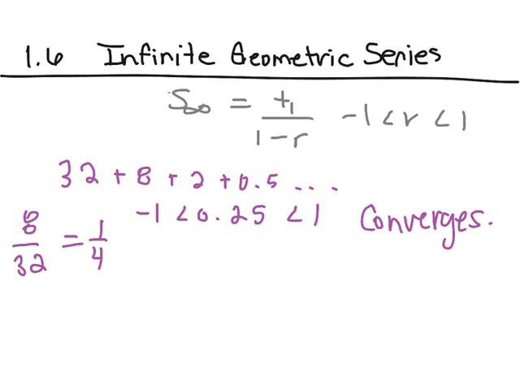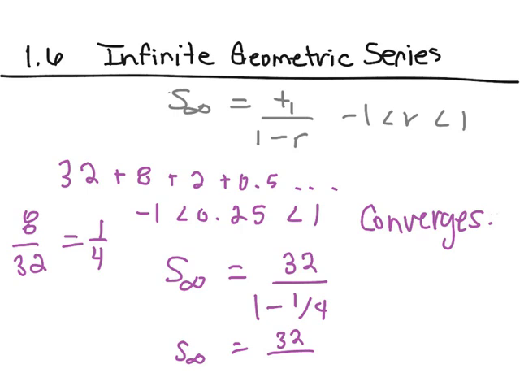So the sum to infinity is equal to 32 over 1 minus a quarter, which is 32 divided by 3 over fourths, which would be 4 times 32 divided by 3, and you should get 42.666666 repeating.